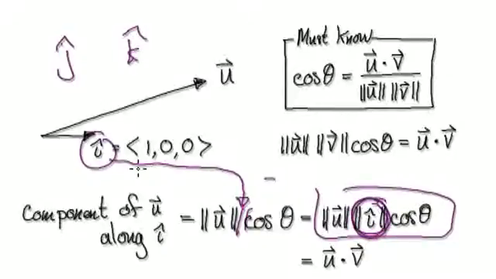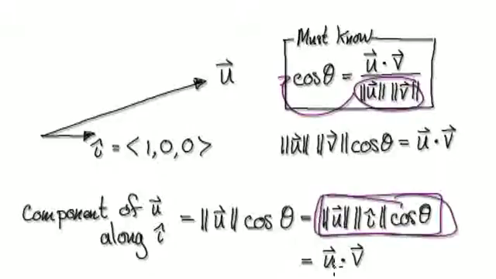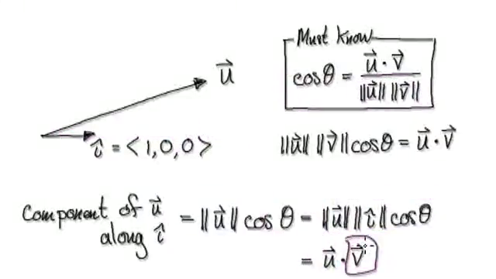So you can insert it into here, and now if you look at this, this is pretty much our definition of the dot product. So this thing here is really the dot product. You wanting to know this component, this vector here, is the same as you working out the dot product with a unit vector.